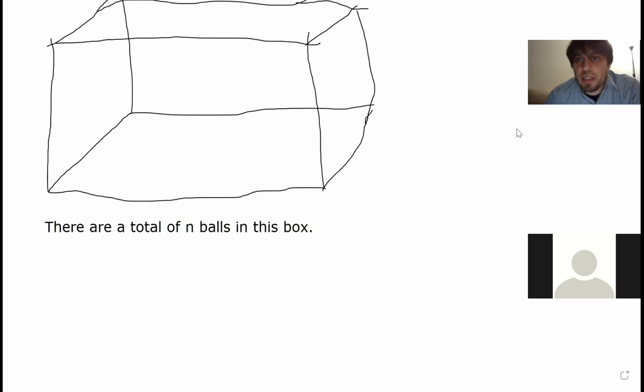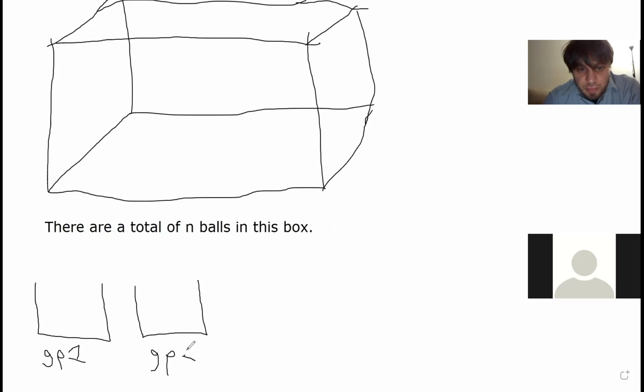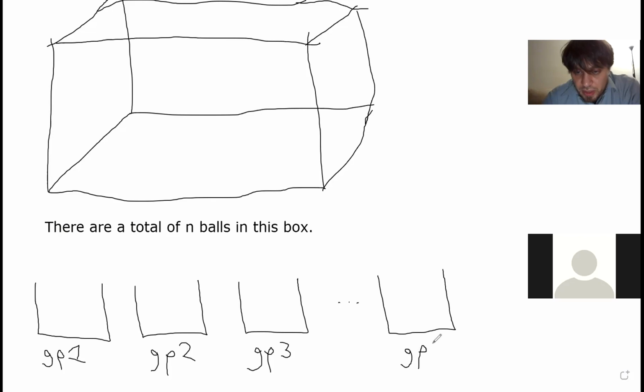We have these groups, right? So this is group 1. This is group 2. This is group 3. And so forth, up to including the last group, which is group n sub k.